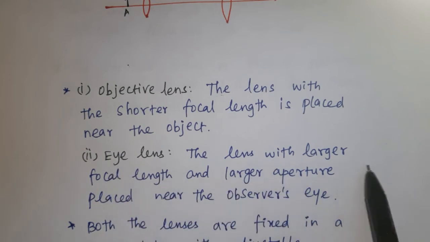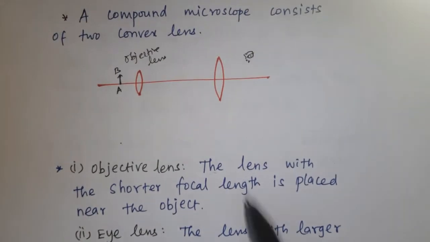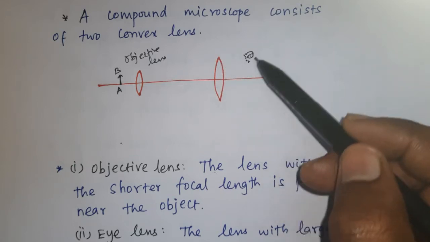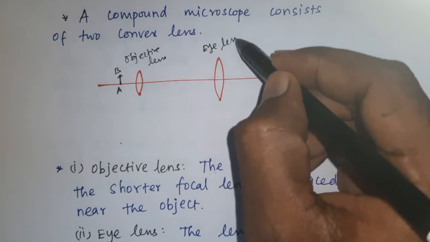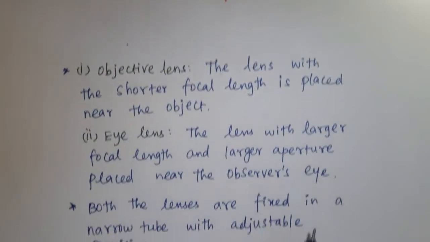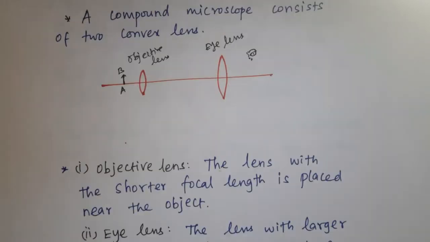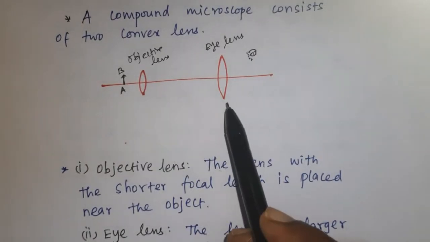The lens with larger focal length and a larger aperture is placed near the observer's eye. Hence it is the eye lens, or you can say the eyepiece. Both the lenses are fixed in a narrow tube with the adjustable provision. So we can move this lens front and back for our convenient view.